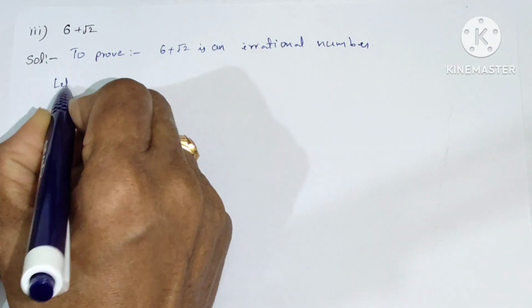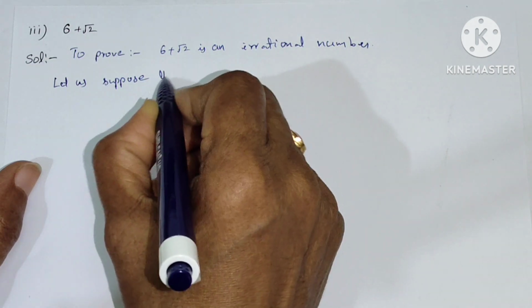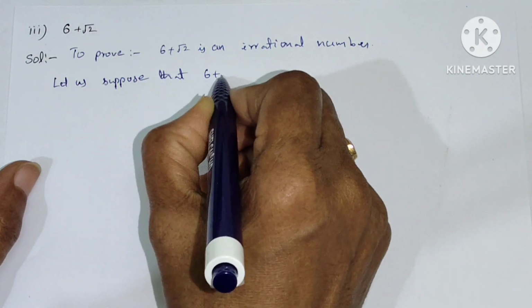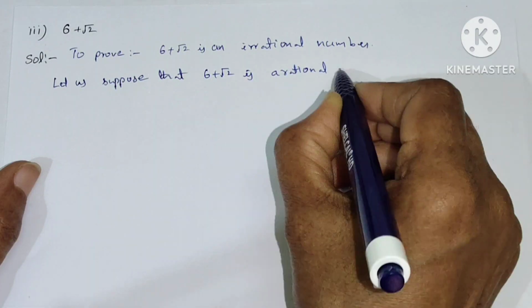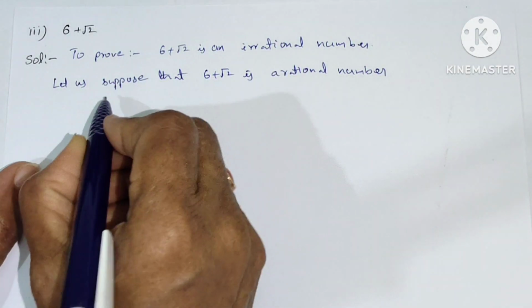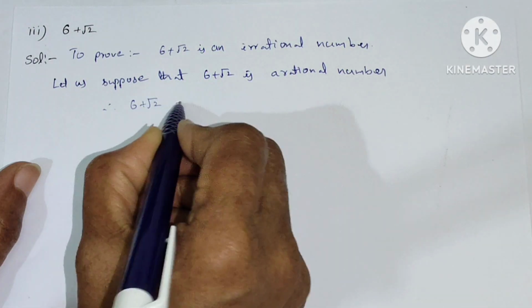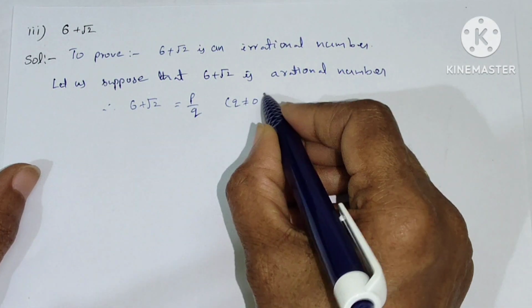Let us suppose that 6 plus root 2 is a rational number. Rational number means 6 plus root 2 is of the form p by q, where q is not equal to 0 and p, q are integers.